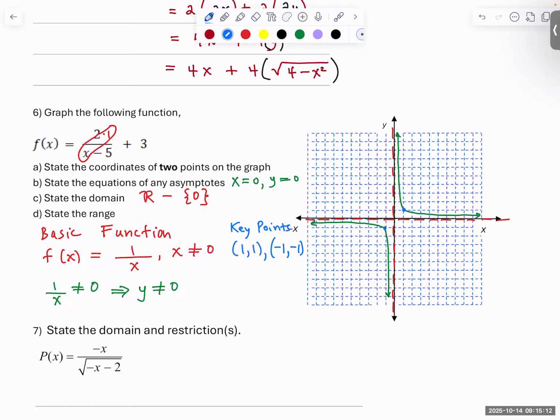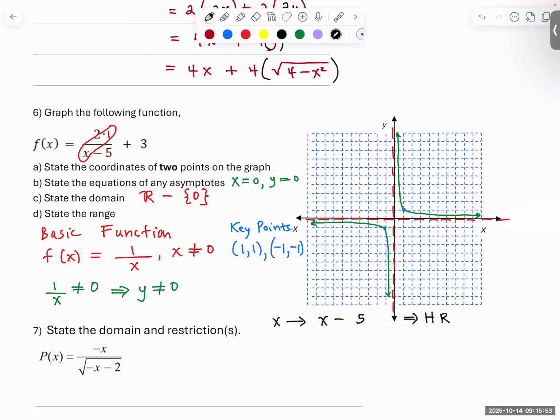So now we're going to start shifting and discussing the transformations. One transformation or change is a horizontal shift to the right because the denominator is x in the basic function, but it's x minus 5 in the new function. And so when the argument goes from input x to x subtract 5, it means we're going to have a horizontal shift to the right 5 units, including the vertical asymptote.